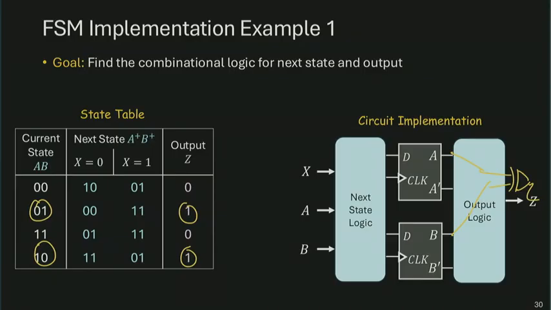The next state logic is a little bit more complicated. We really need to build a 2 output function. We need one function for the A flip-flop input, DA, and another function for the B flip-flop input, DB. Those are 2 separate functions we need to construct.